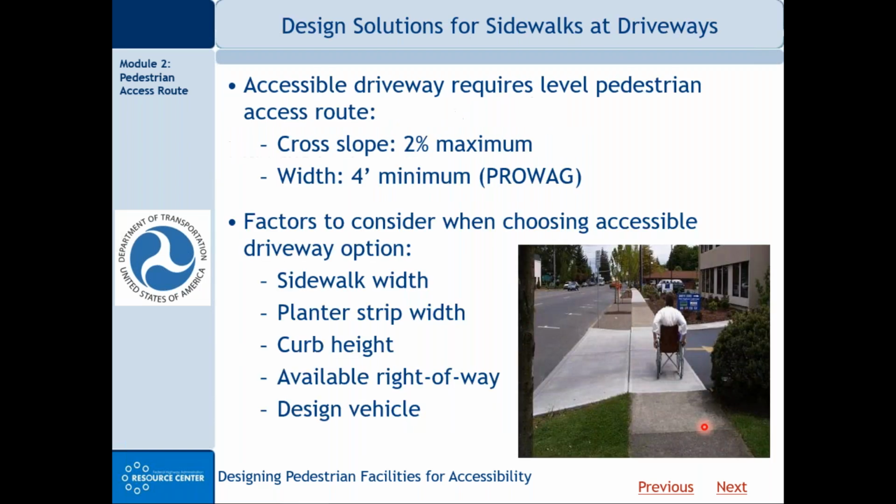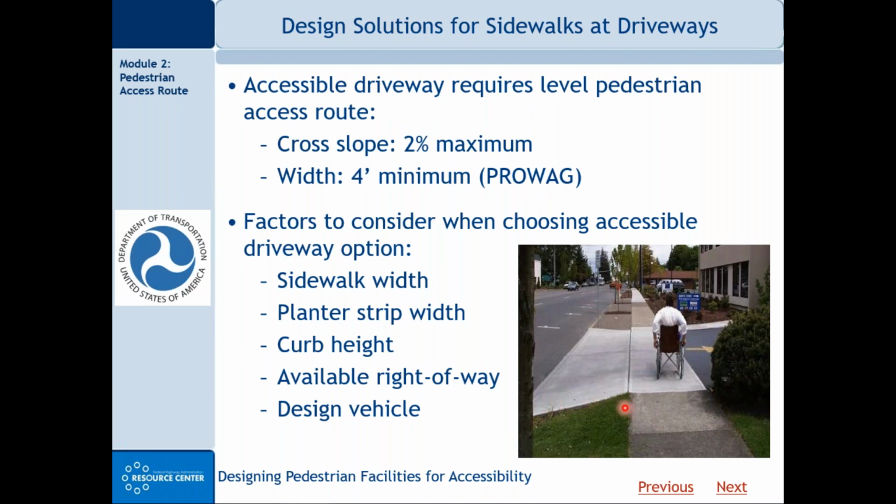So how do we come up with solutions for sidewalks at driveways? Here is my list in the second bullet. This is Ron's list of factors to consider when you're choosing or designing an accessible driveway. We need to consider the sidewalk width, of course, minimum 4 feet, 5 feet would be desirable. The planter strip width that you see here, or the buffer zone or tree lawn, a lot of different names for that area.